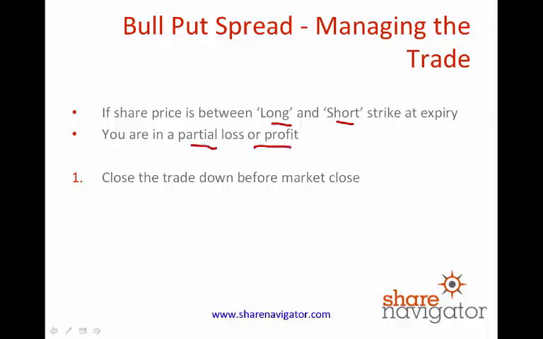So what you need to do in that situation is close down the trade before the market close on expiry Friday, because what will happen if you don't is that you're going to be assigned the shares on the short strike because your long strike is going to finish out of the money and worthless. So what you need to do is close down the trade at expiry Friday. So it's only really in that scenario that you have to do something at expiry Friday. In the other two, you may or may not decide to close the trades down.